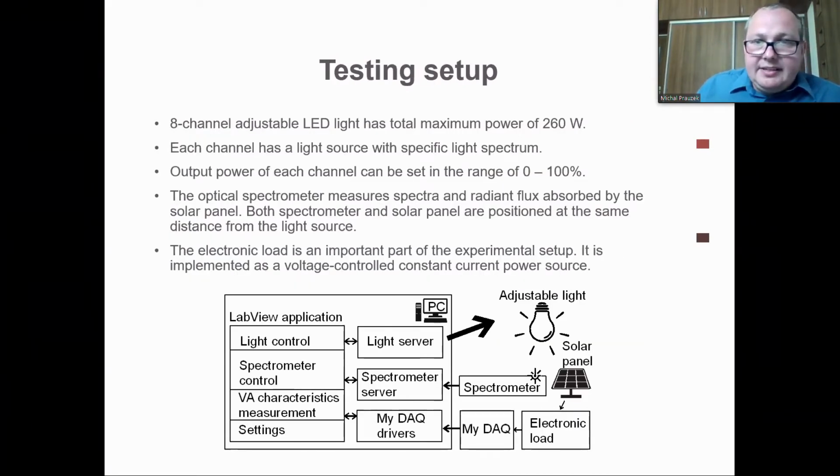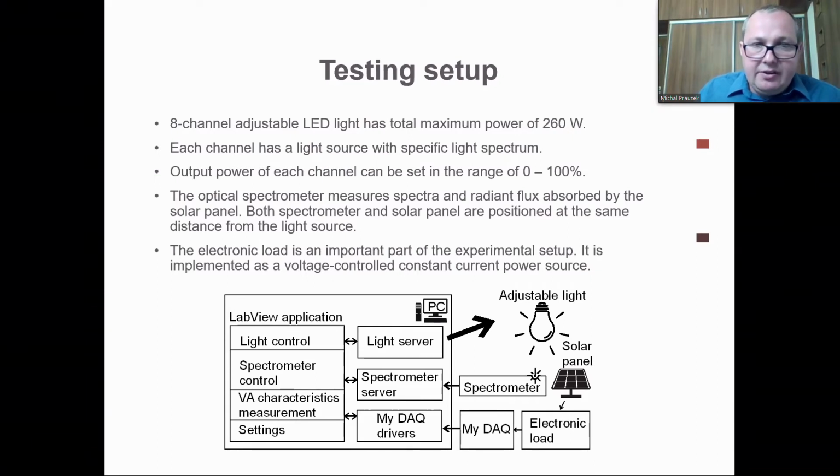This is our testing setup. We are using an 8-channel adjustable light source with the maximum total power of 260 watts. So each channel has a different light spectrum. We can also adjust the total output power from 0 to 100%.